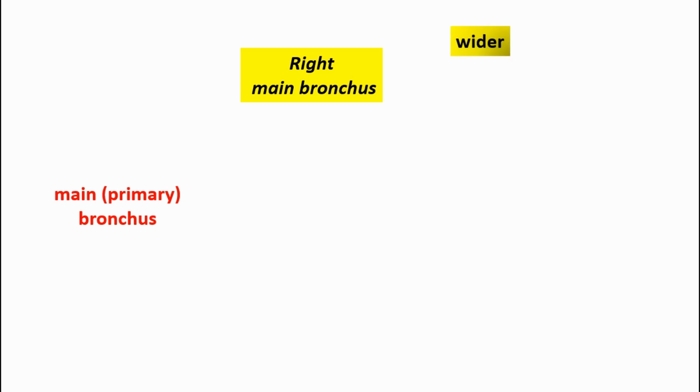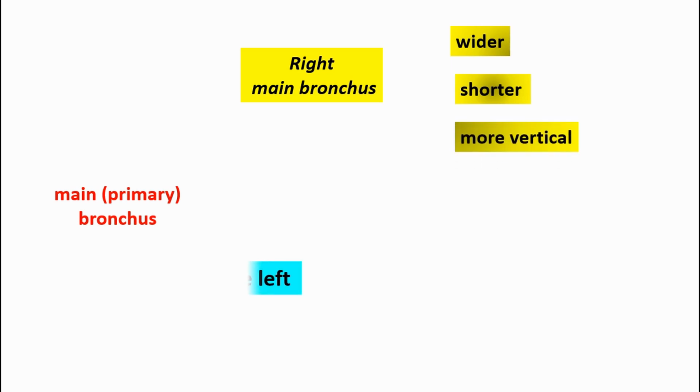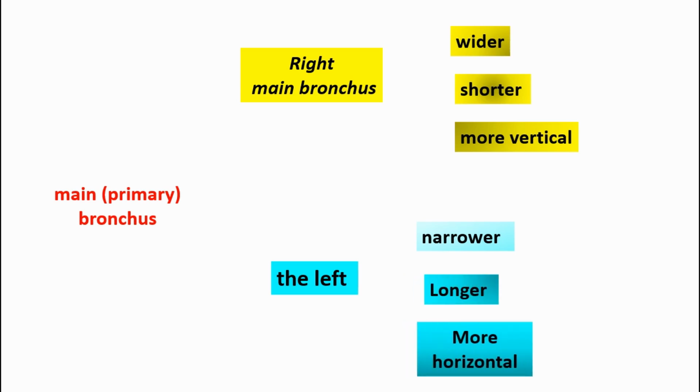It's important that we write these notes presented in the previous slide. The main primary bronchus: there are two primary bronchi coming out of the trachea. There is the right main bronchus, which is wider in caliber, shorter, and more vertical, while the left main or primary bronchus is narrower, longer, and more horizontal.